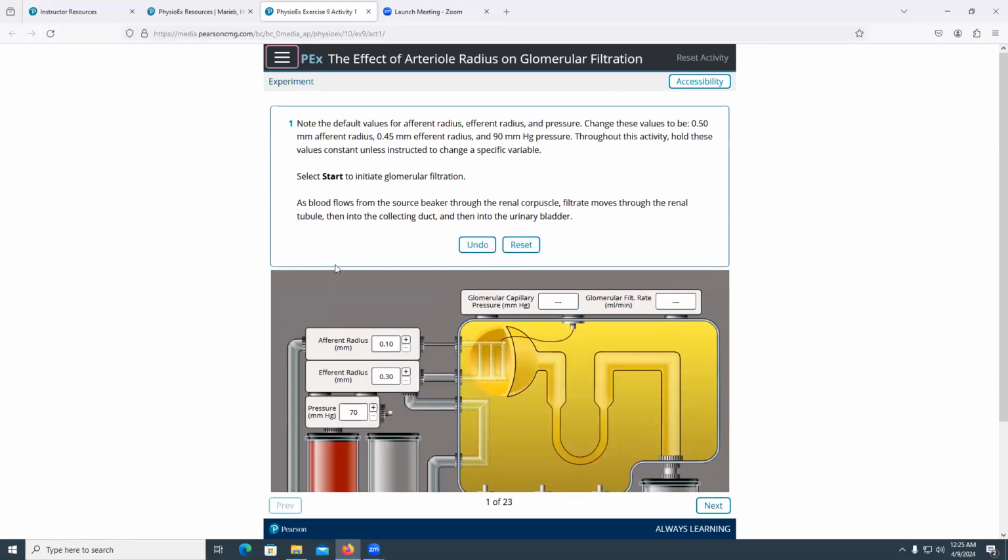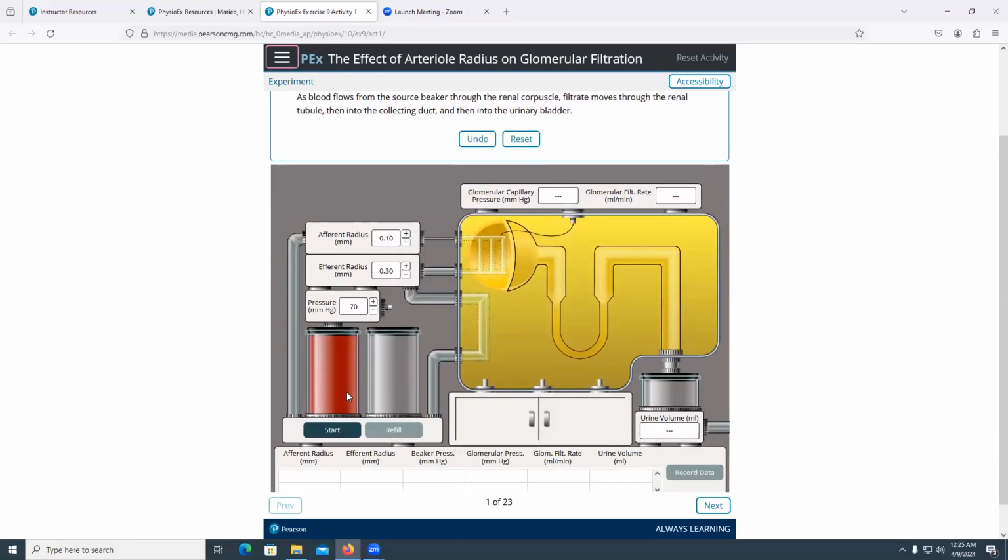So this is our blood, and blood is going to start flowing through the afferent arteriole. If we increase the radius, you will see the radius of the arteriole increase. And this right here is our Bowman capsule, and that's how we're going to measure the glomerular capillary pressure and the glomerular filtration rate in this capsule.